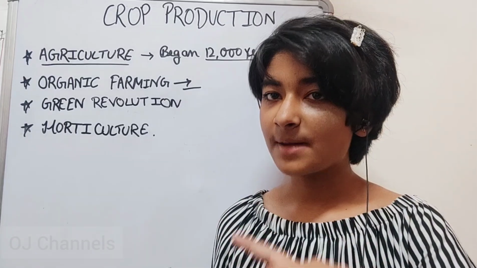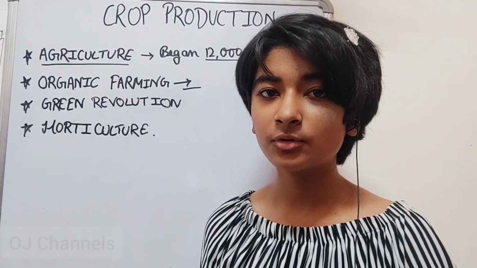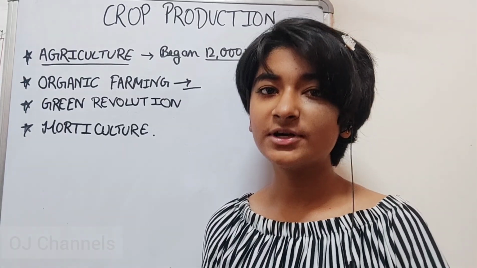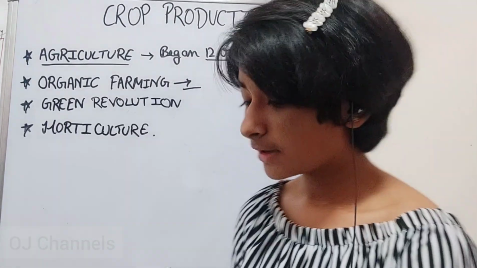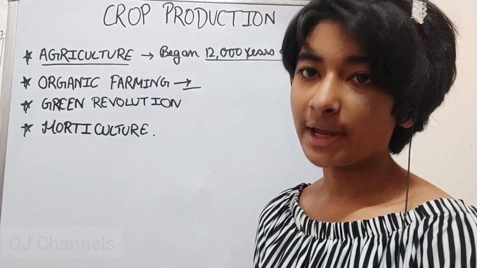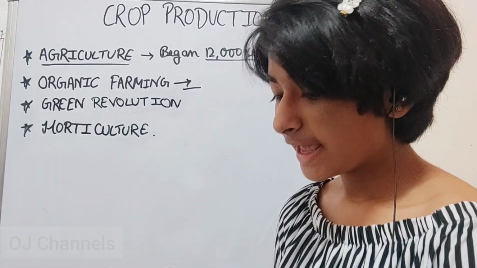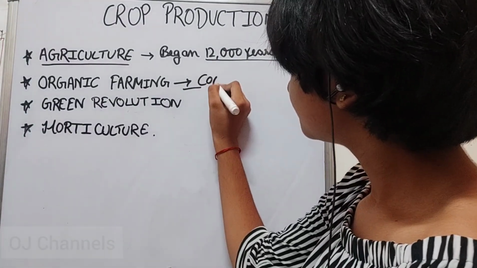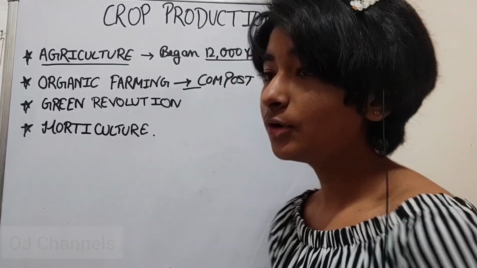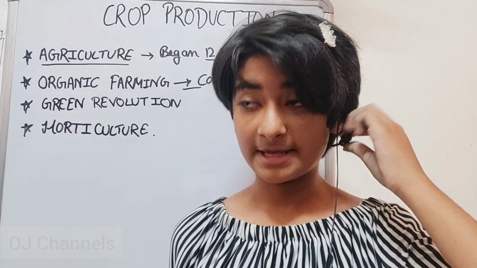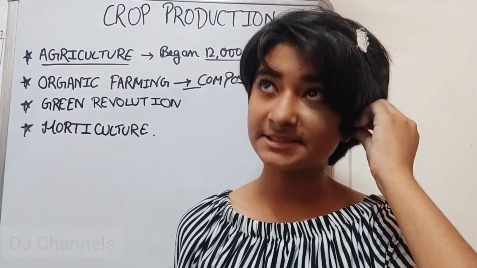But in organic farming we are using the purest way to grow a crop. We are not using fertilizers or any chemicals to grow the crop. We are using compost, the purest of pure things. That is why organic farming is necessary.